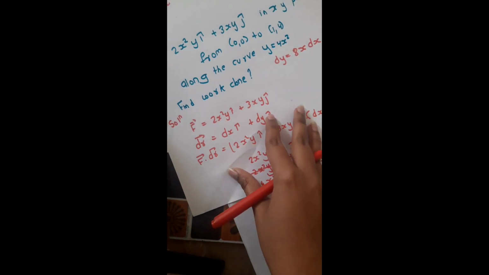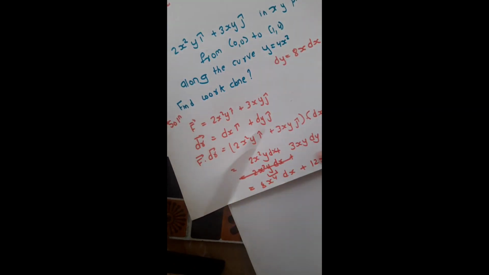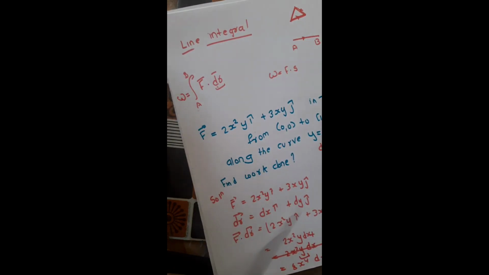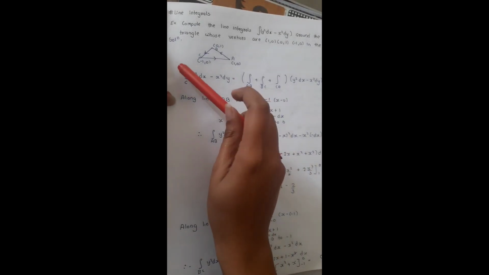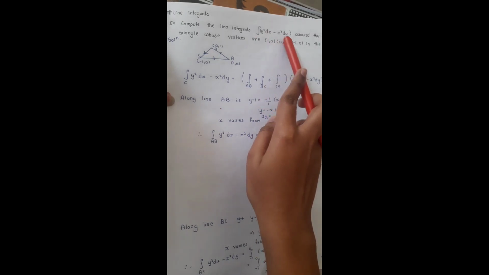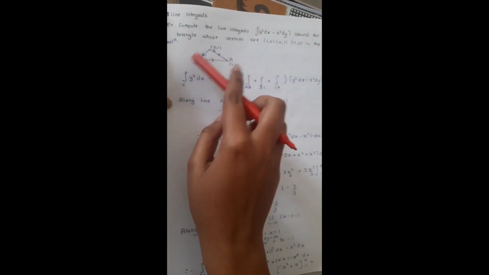So this is a simple example of line integral. I hope you understood this. I'll give you one more example of line integral because it's very important for you to understand this concept properly. Compute the line integral around the triangle whose vertices are given.